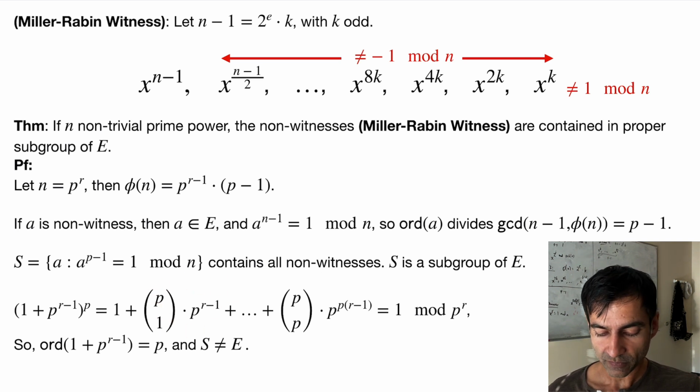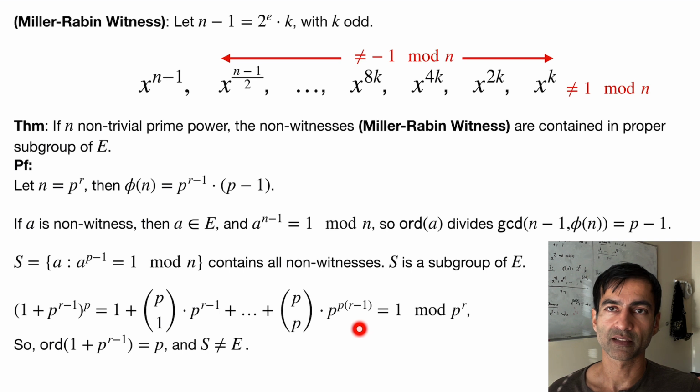All of the terms in the middle, except for the terms at the end, the binomial coefficients are divisible by p, and the numbers here have powers at least p to the r minus 1. The very last term here, this number is 1, but this number is larger than p to the r minus 1 again.